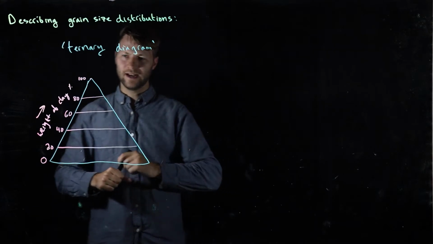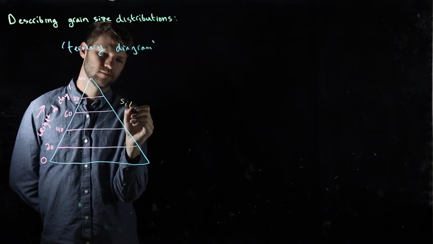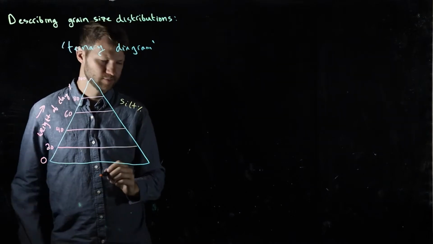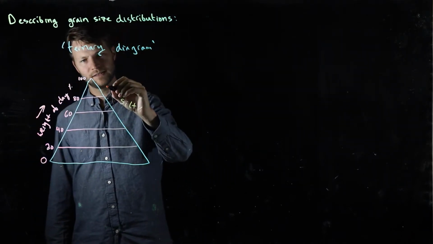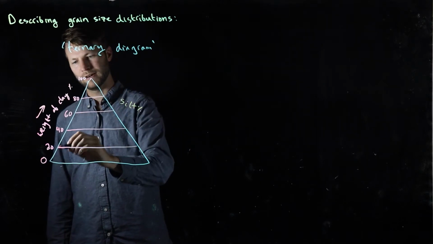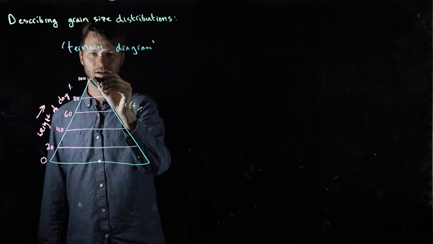Up here, we're going to have, on this axis, the silt percentage weight. And instead of going horizontally across, this one's going to go downward parallel to this far side here. So it's going to start also here at 0.